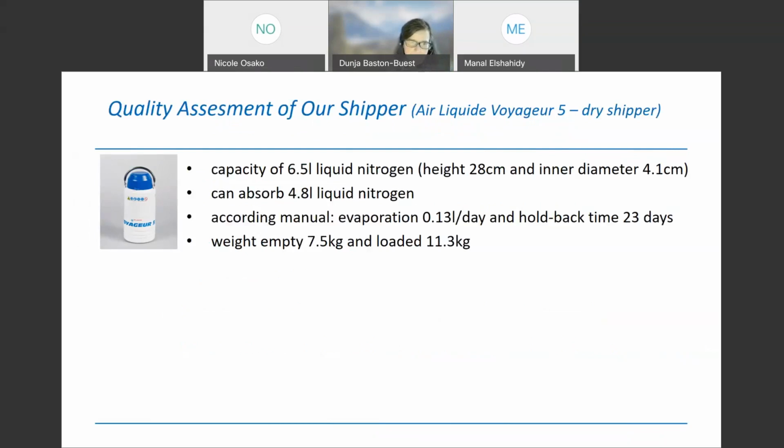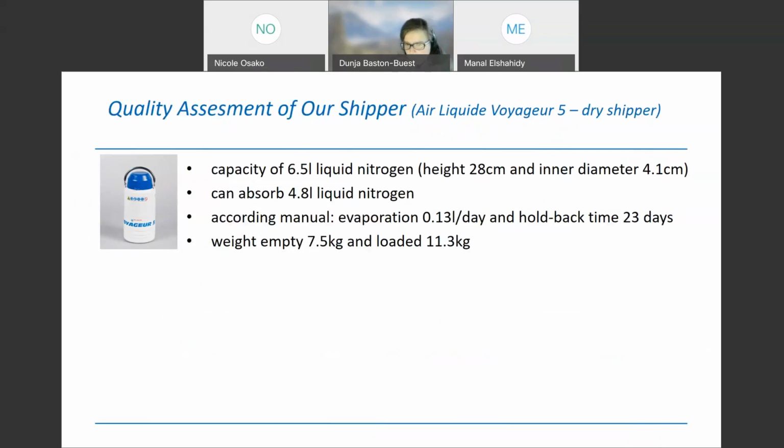So these are the technical data of our shipper. It's a small size shipper, and it can absorb about 5 liters of liquid nitrogen. And according to the instructions, there should be an evaporation of about 0.13 liters per day and a holding time of about 23 days.